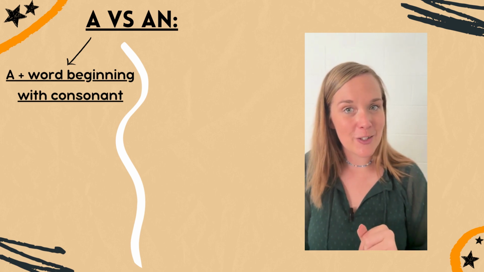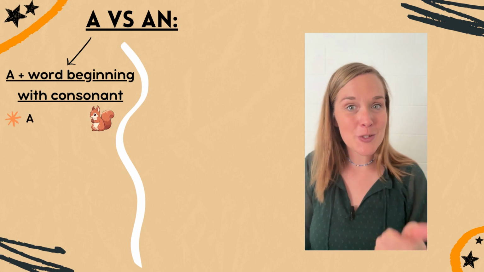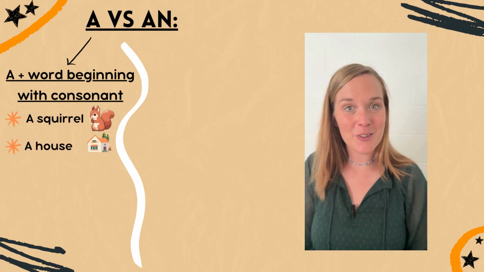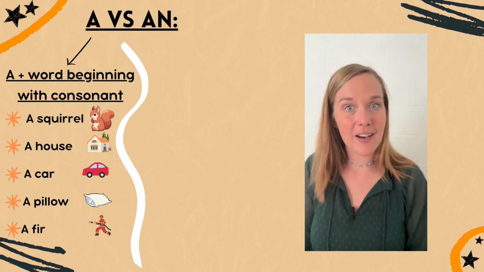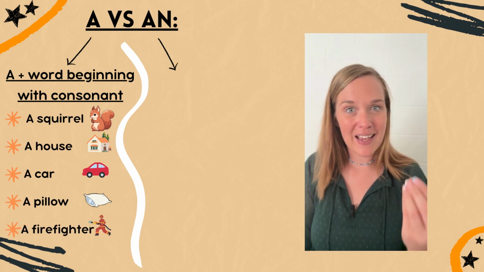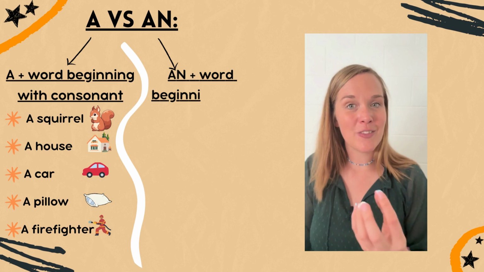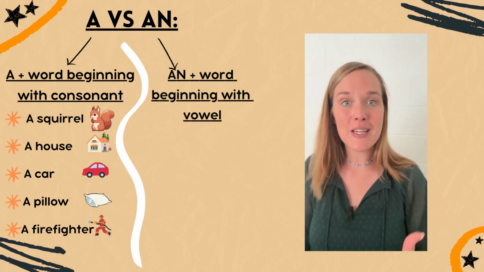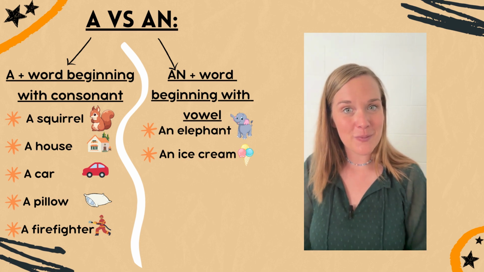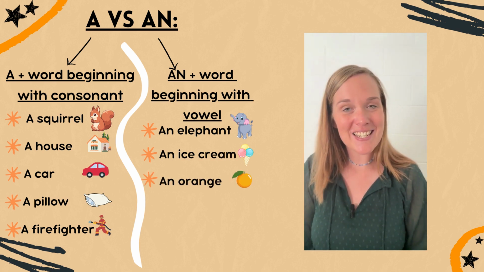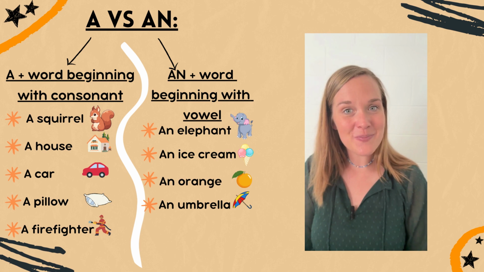So let's take a look at some examples. A squirrel, a house, a car, a pillow, a firefighter. But we have an, which is a noun that begins with a vowel. For example, an elephant, an ice cream, an orange, an umbrella, and an apple.